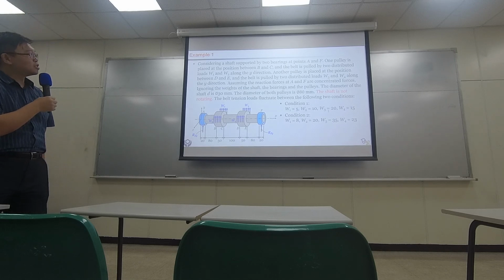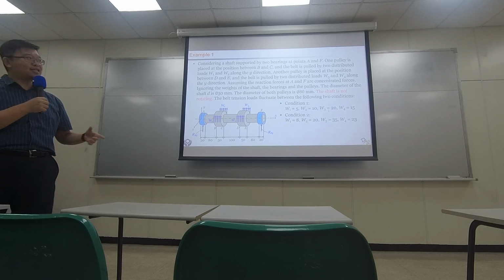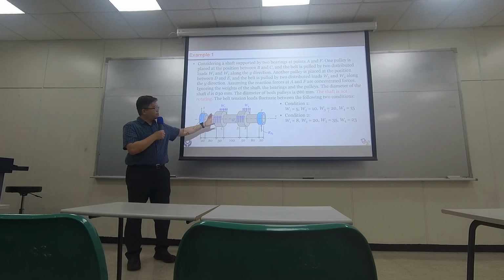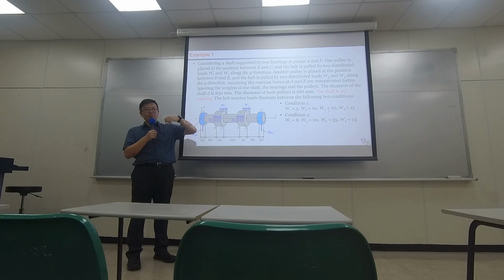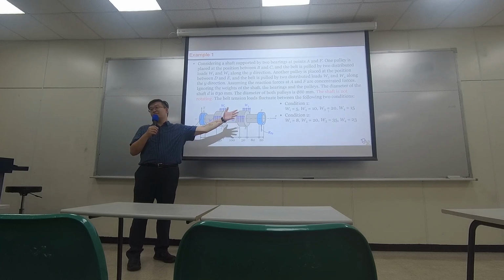Okay, so if that happens, then the tension applied to the belt will have higher stress for some moments and then lower stress in other moments. So if you look at the stress, probably it's like a sine wave.